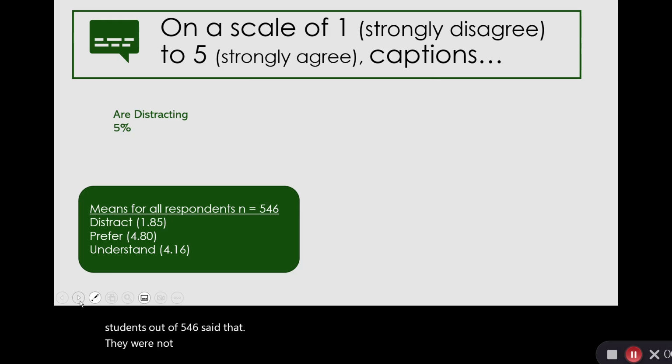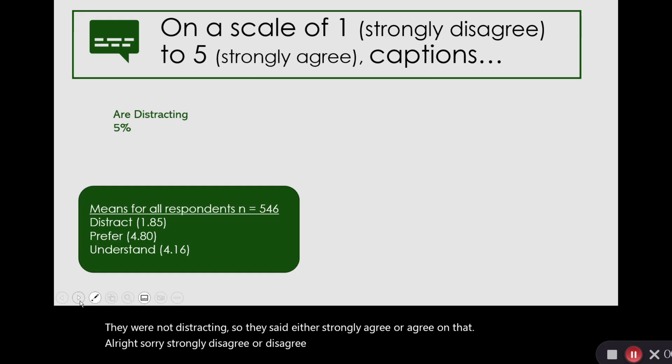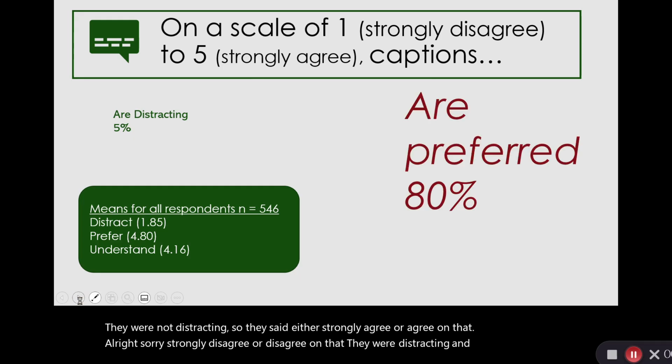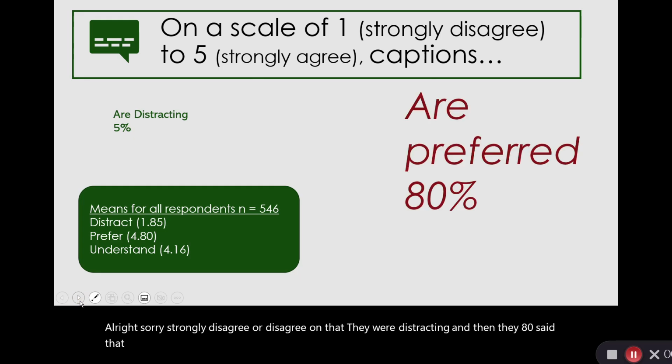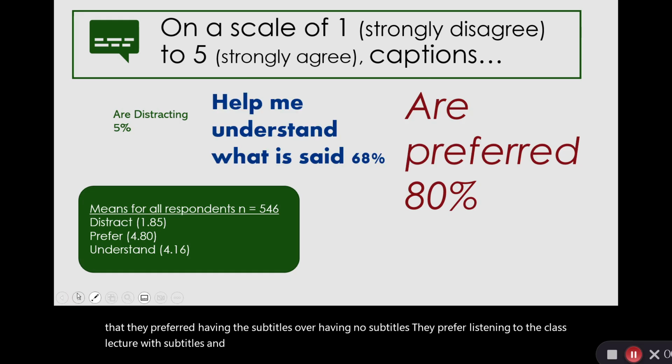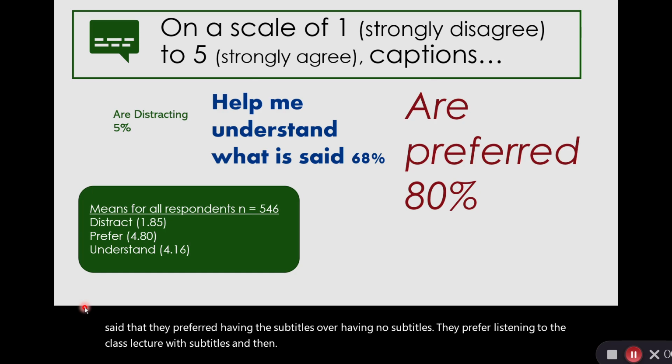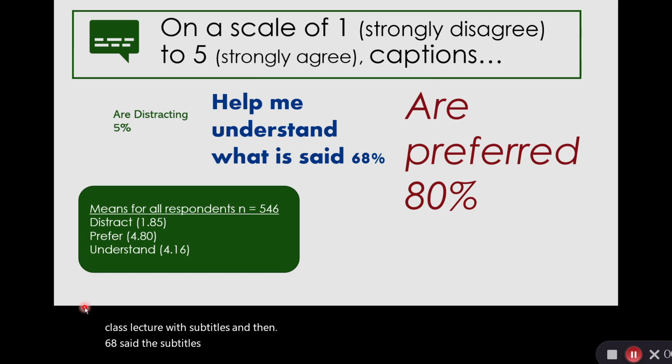They said either strongly disagree or disagree that they were distracting. And then 80% said that they preferred having the subtitles over having no subtitles. They prefer listening to the class lecture with subtitles. And then 68% said the subtitles help them understand what is being said.